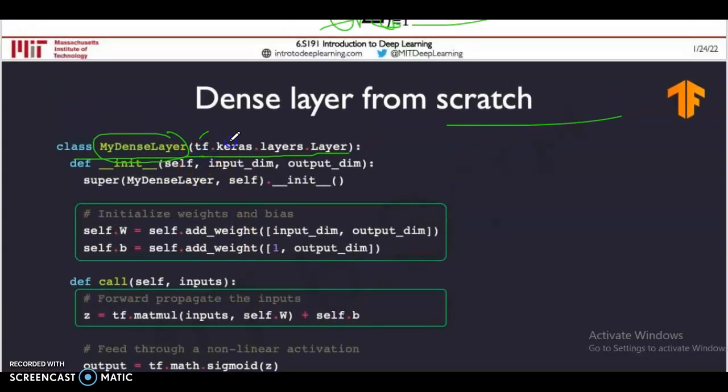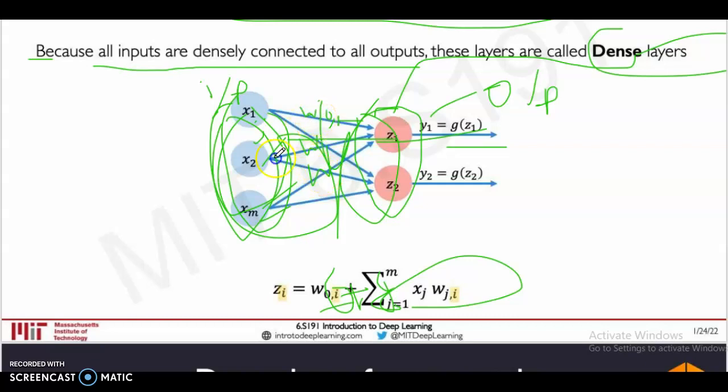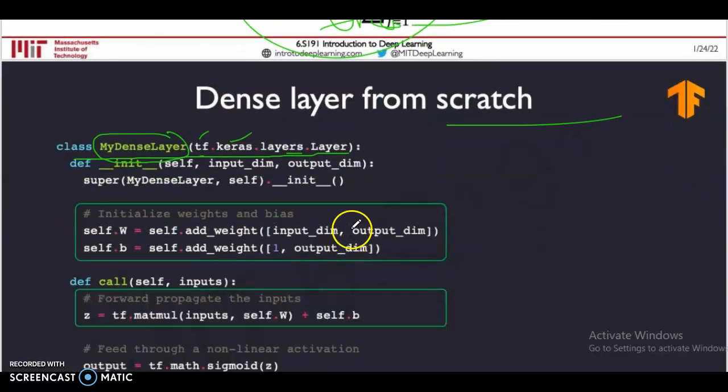TensorFlow, Keras is also a library, layers, that layer form. Definition: we will start in TensorFlow with only the definition.